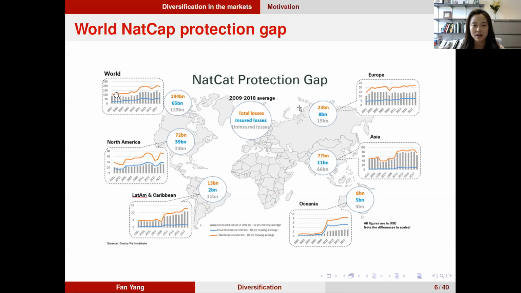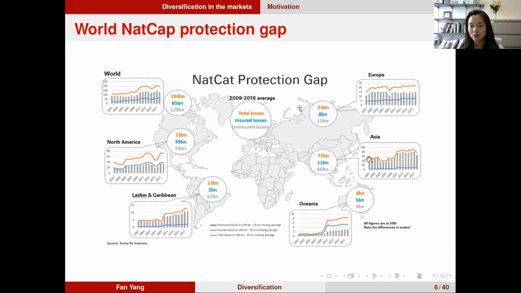So each point on this curve is the 10-year average of the total losses. The blue curve is insured losses, again a 10-year average. And the difference is marked by the gray bar, so that's uninsured losses. You can see that around the world, Asia actually has the most significant protection gap.